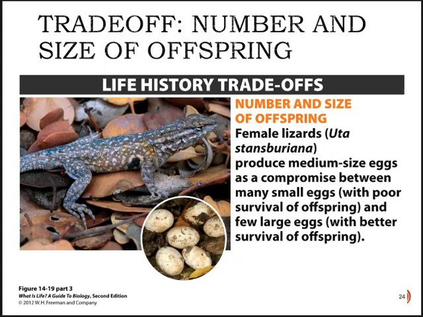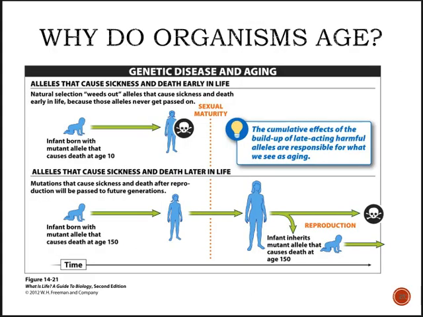Okay, so still thinking about our life history traits, and we're almost done thinking about our life history categories. We're in the fourth one now, and that is longevity. So when we think about longevity, we think about the aging process. And the aging process is kind of strange actually, because when you're born, you are born with some genetic diseases.